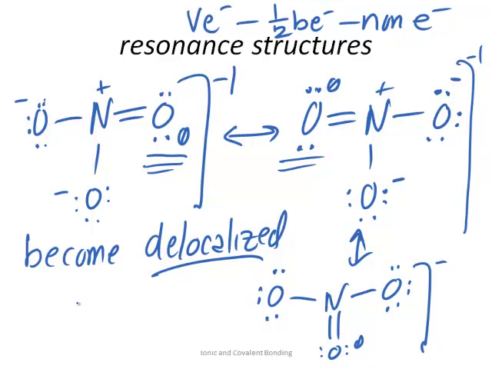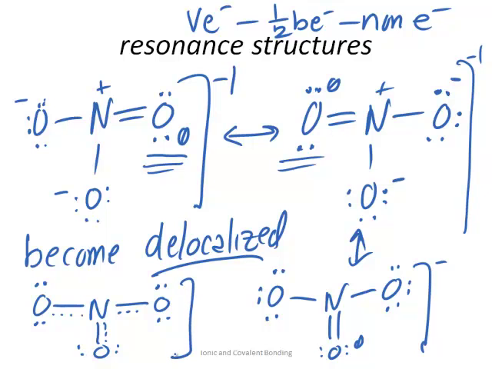So really what we could write is a resonance structure as nitrogen with a dotted line in between the oxygen atoms and the nitrogen atom to indicate that that double bond goes back and forth between the various oxygen atoms. Okay, collectively known as resonance structures.